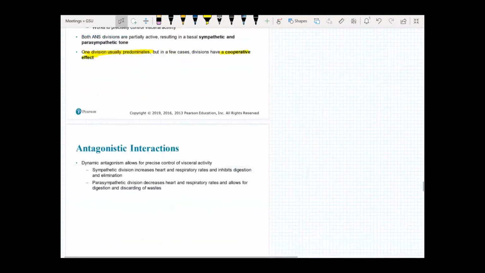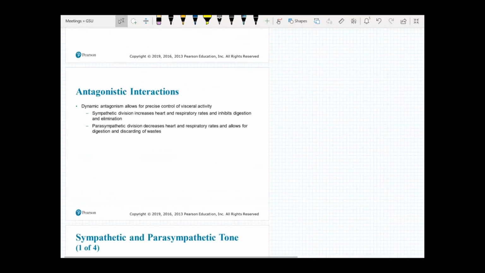So here are some examples of antagonistic interactions. This is where you have the two systems working at the same time, doing opposite things. Within the sympathetic division of your ANS, it will increase your heart rate and respiratory rate, and it will decrease digestion.